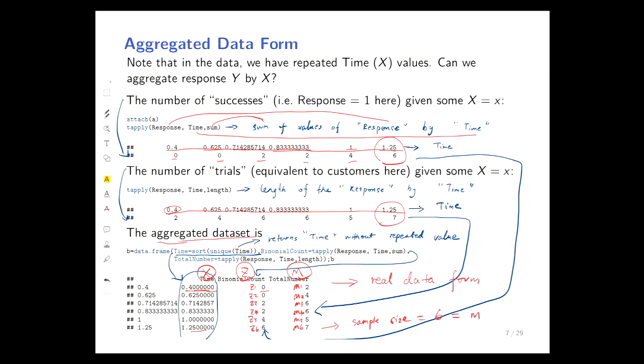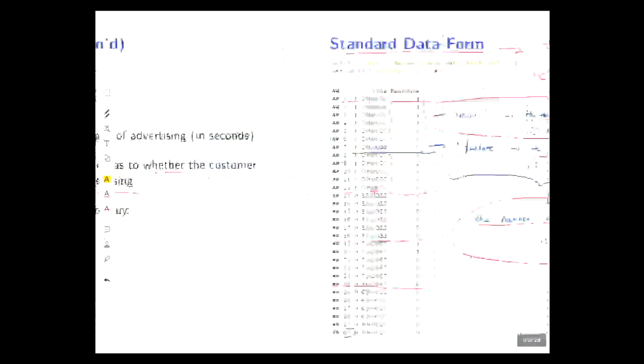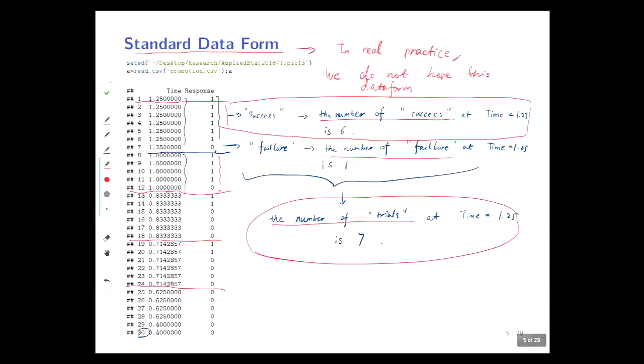But if you remember the standard data form, we use x and y to represent it. So for the standard data form, we have x1, x2, x3, x4, and so on until x30. And here we have y1 to y30.